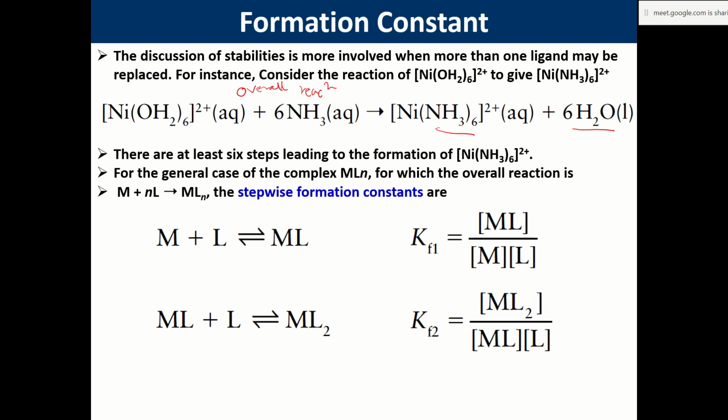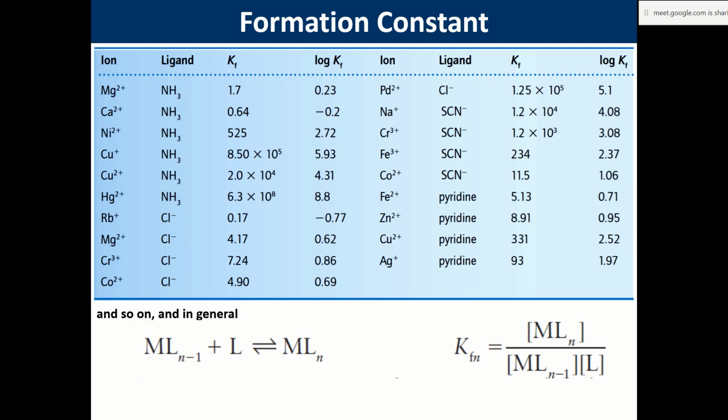And for each step you can write it simply: metal plus ligand gives ML, then ML plus L gives ML2. This is how we denote Kf1, the first step, Kf2, the second formation constant, and these are stepwise formation constants. And we can find this for any particular step.